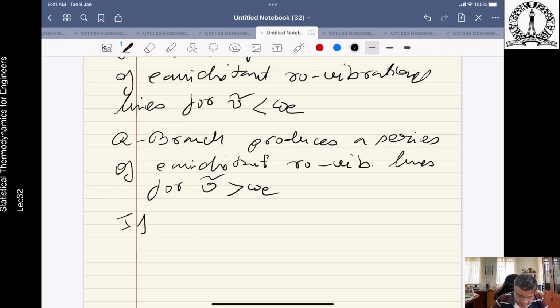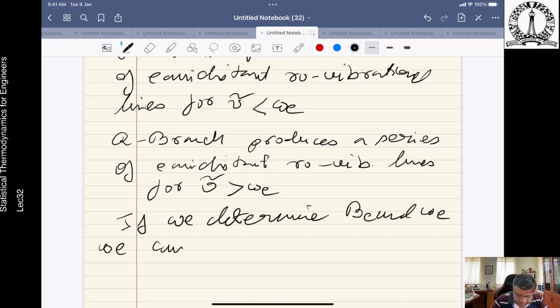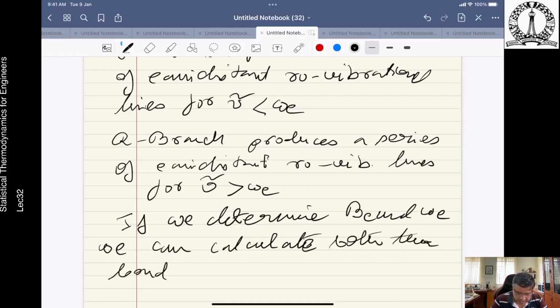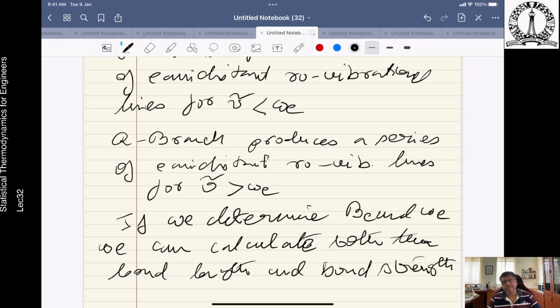So if we determine BE and omega E, we can calculate both the bond length and the bond strength.